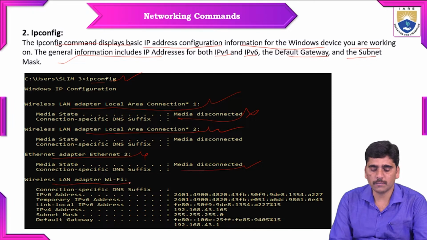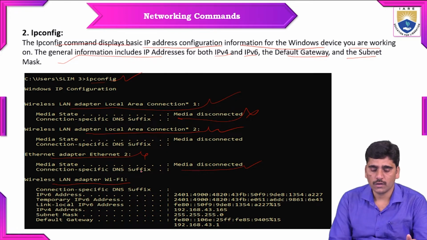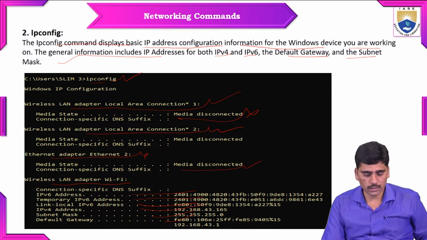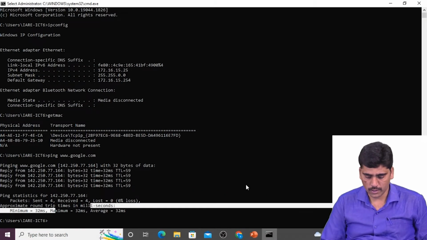The wireless LAN adapter Wi-Fi displays its information in the Wi-Fi enabled state. There you can see the IPv6 address, temporary IPv6 address, link-local IPv6 address, IPv4 address, subnet mask, and default gateway. All this information you get from the Windows IP configuration. In real time, you can type ipconfig.